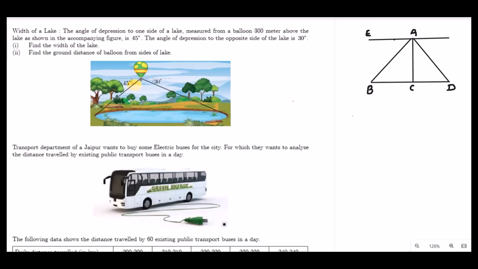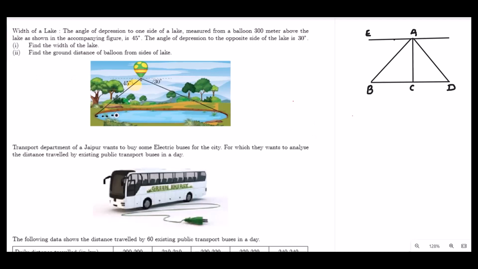Let's get started. Here we have to find out the width of the lake. Let's read the question. The angle of depression to one side of a lake measured from a balloon 300 meters above the lake, as shown in the figure, right? The angle of depression to one side of a lake, that is here.